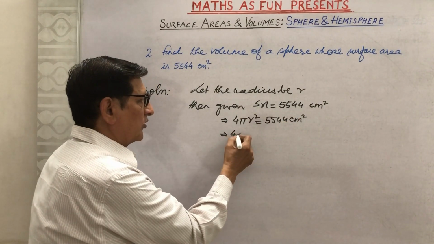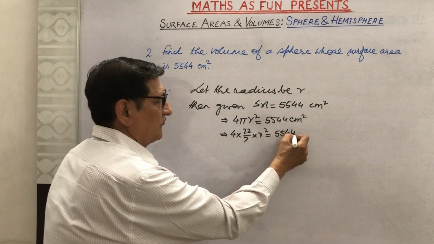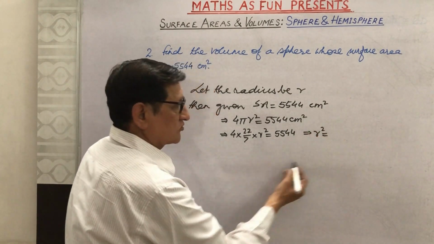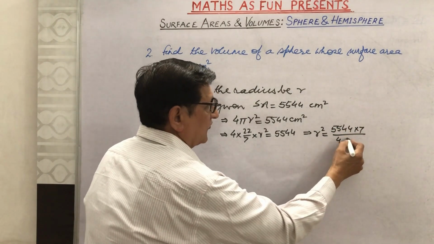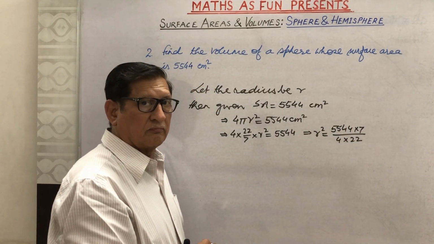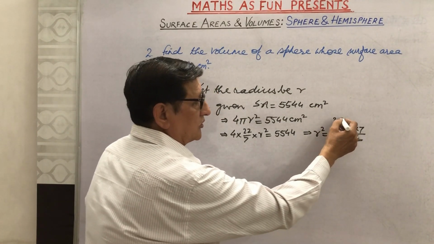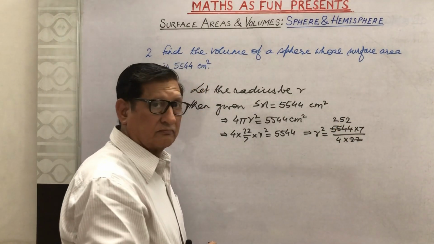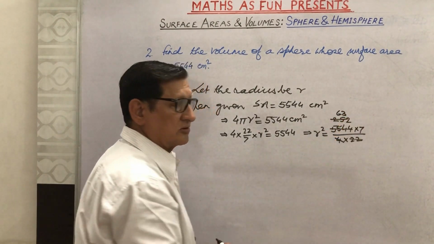Can we write this as 4 into 22 by 7 into r square equal to 5544? It means by transposition we can get the value of r square as 5544 into 7 upon 4 into 22. 22 cancels this, 22 twos are 44, 22 fives are 110, and 252. 4 cancels this, 4 sixes are 24, 4 threes are 12, 63.